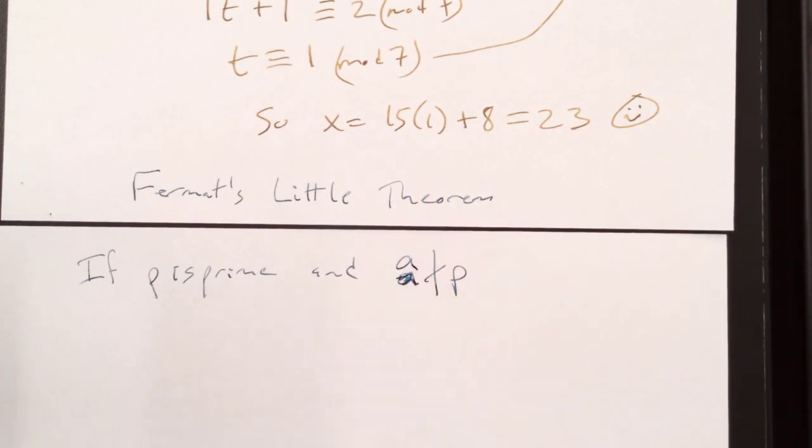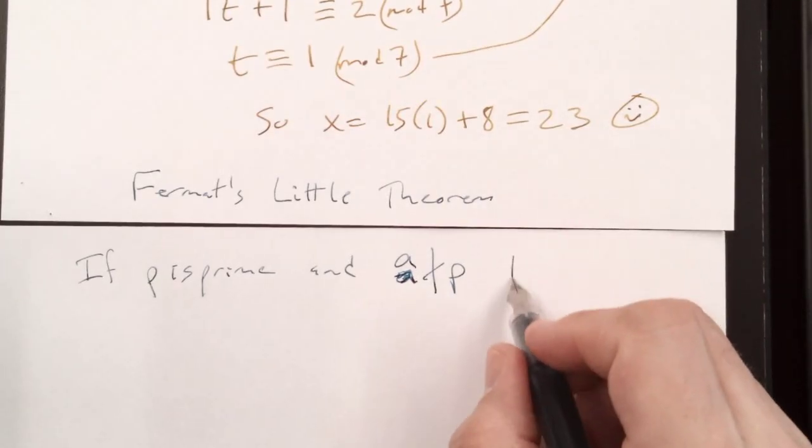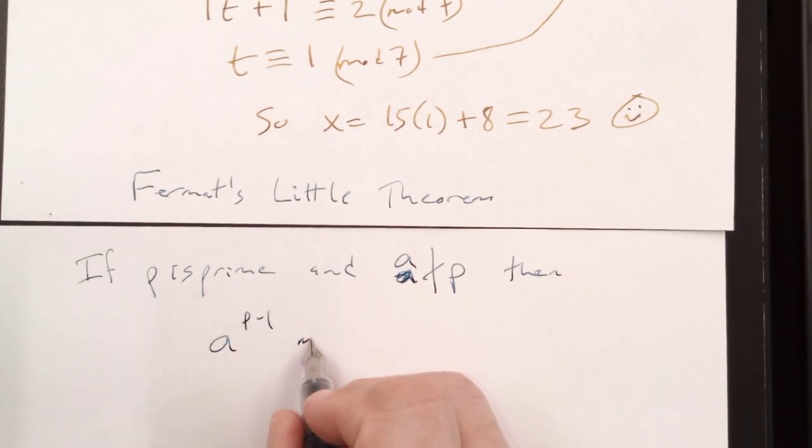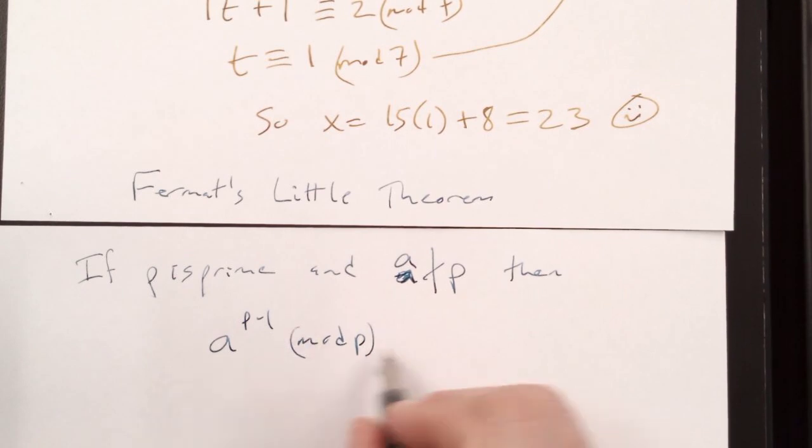That's an A. If I have a prime number P and a number A that doesn't divide it, that means A is not 1 and not P itself, or any multiple of P, then A raised to the P minus 1 power mod P is 1.